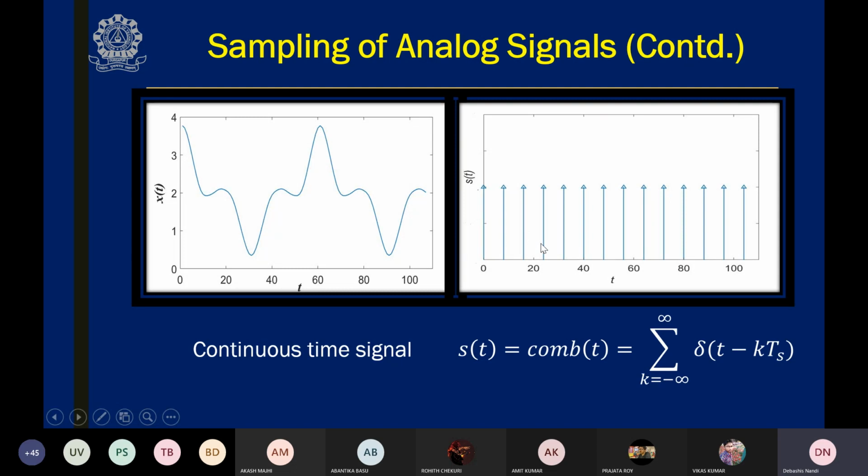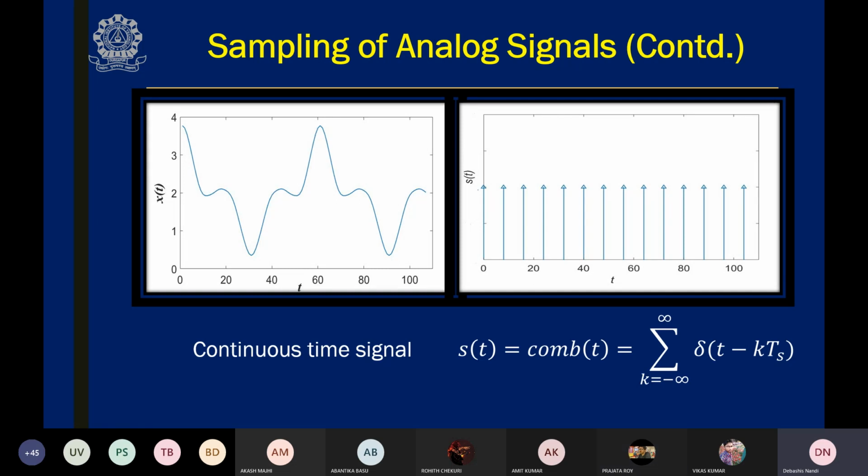Then if you get all the shifted delta functions from minus infinity to plus infinity and add all of them, you will get this train. I have shown here a segment from 0 to 100, but ideally it is from minus infinity to plus infinity.